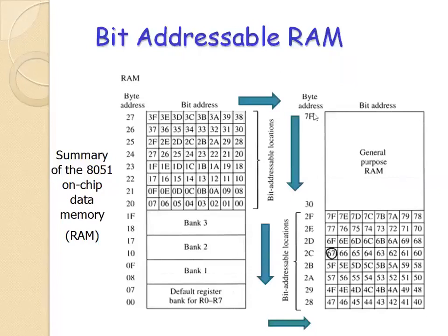Okay, therefore it is a bit addressable location. The bit addressable location can be accessed by the user. Individual bits can be accessed, or you can directly use 8 bits at the same time.